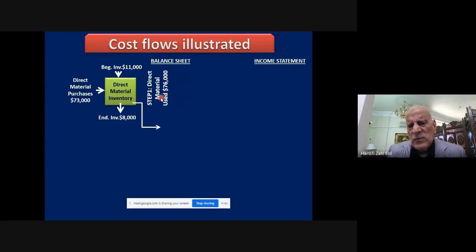But now, for simplicity, we will assume that all materials issued are used in production. So this was the first cost element, which is direct materials used.